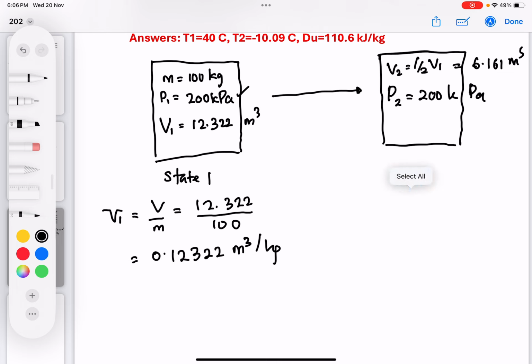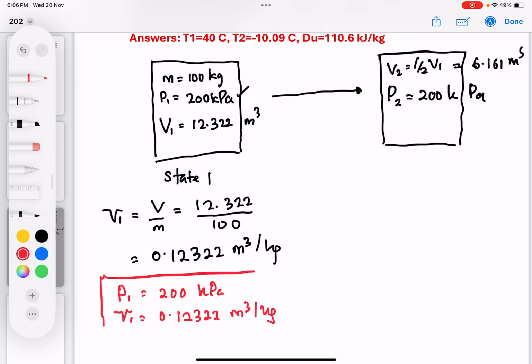So now I already have two pieces of information: pressure equals 200 kilopascal, and specific volume of 0.12322 meter cubed per kg.